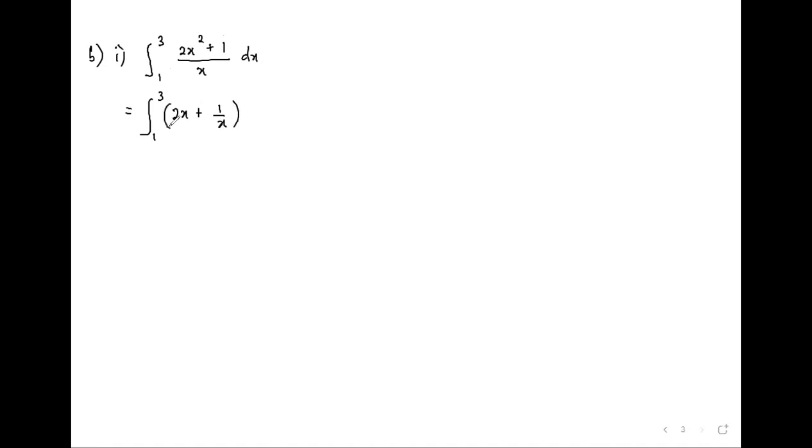dx. Then in integration you can split. So we have the integral from 1 to 3 of 2x dx plus the integral from 1 to 3 of 1 over x dx. So the integral of 2x is 2x squared over 2 from 1 to 3, plus the integral of 1 over x is ln x from 1 to 3.